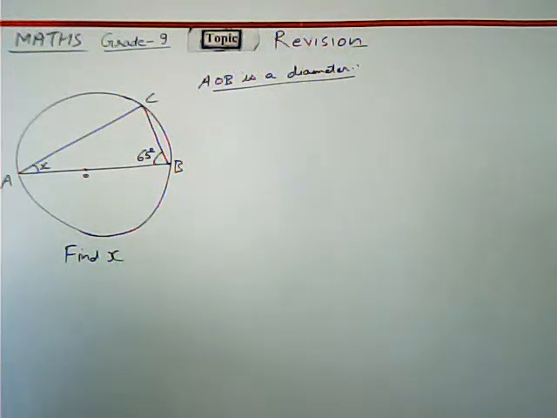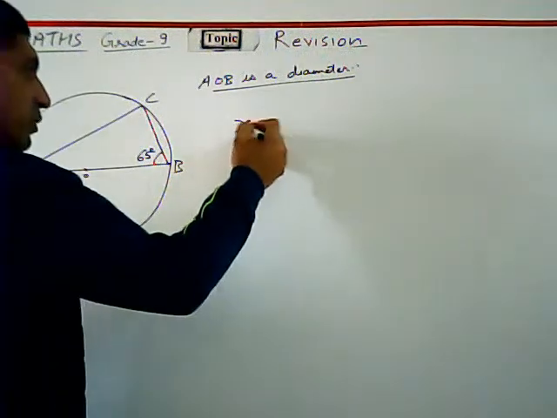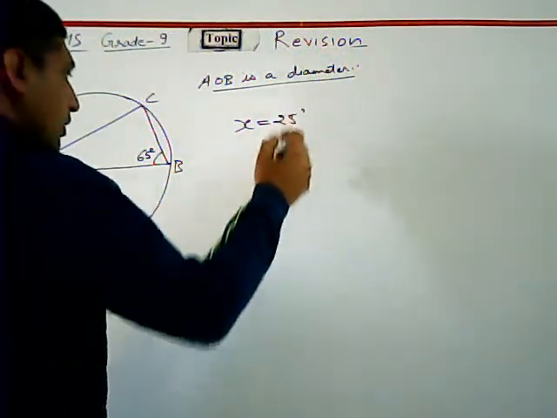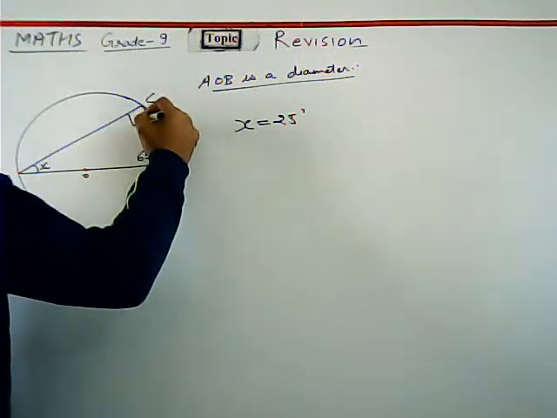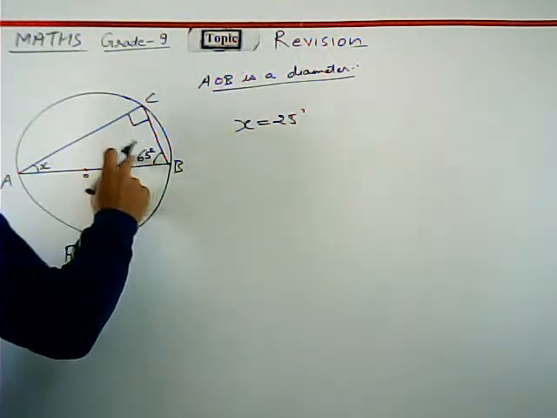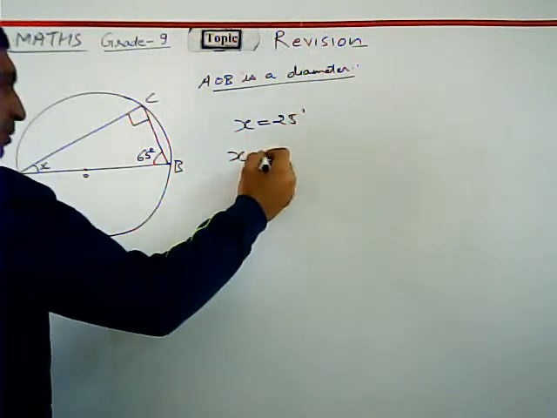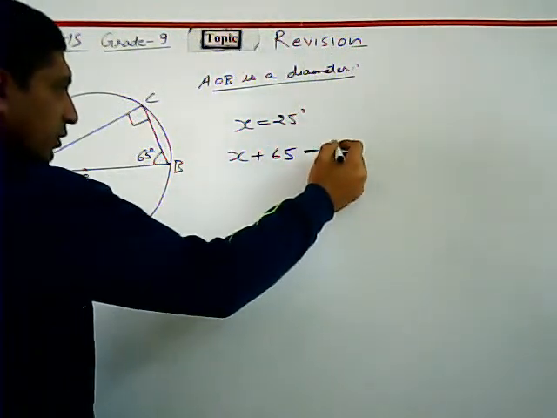Yes, anyone? So she is very right, x is equal to 25. We know that a diameter always subtends a 90-degree angle, so we have x plus 65 is equal to 90.